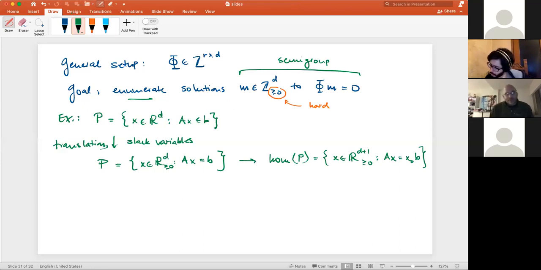My matrix phi is, I should move this vector b to the other side, so I have a negative b and then my matrix A. And then my semigroup is precisely the integer points in hom P.